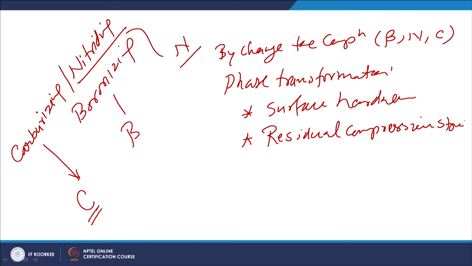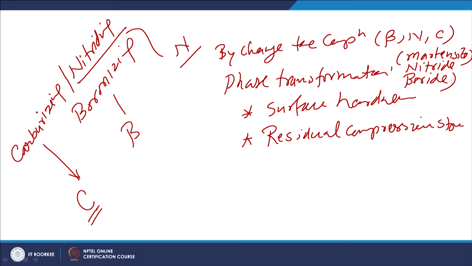The phase transformations which primarily take place after the chemical composition modification are martensitic transformation or martensite formation, formation of nitrides of iron and other compounds or elements if they are there, and borides, iron boride. These phases are hard and are formed with a change of specific volume.